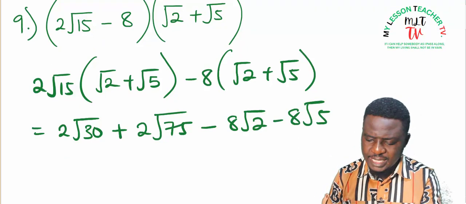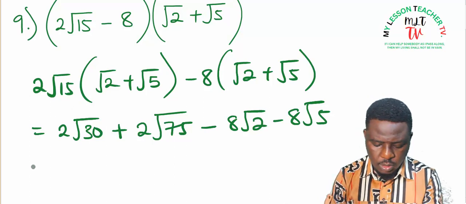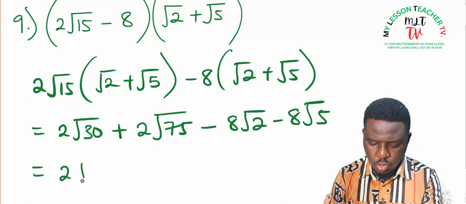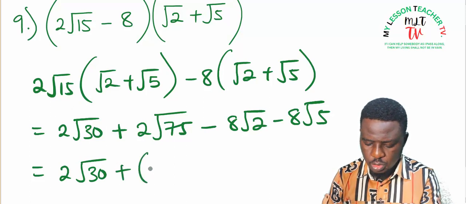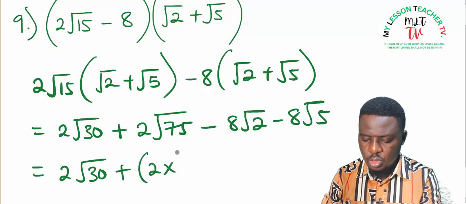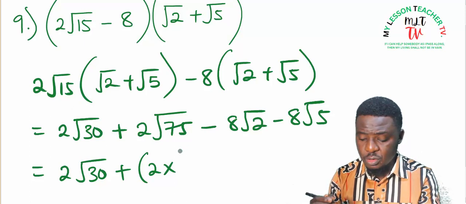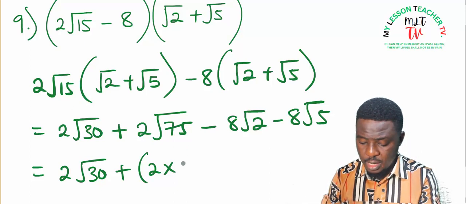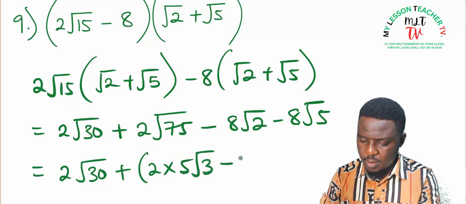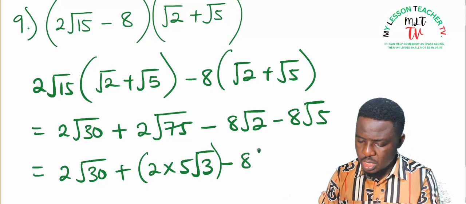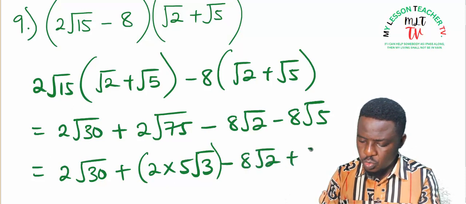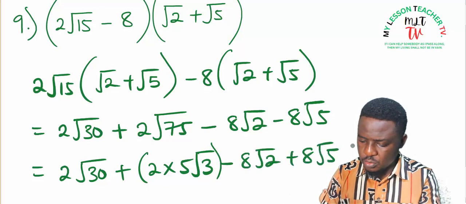When you simplify this in its basic surd form, this is equal to 2 root 30 plus bracket 2 times root 75, which can be expressed as 25 times 3, and root 25 is said to be 5, so this becomes 5 root 3 minus 8 root 2 plus 8 root 5.